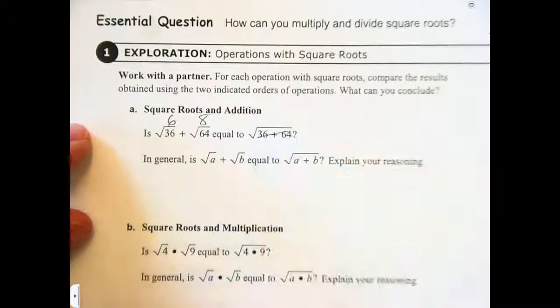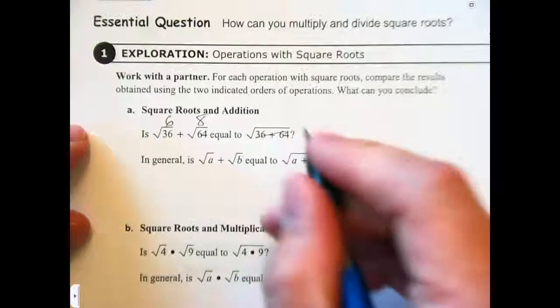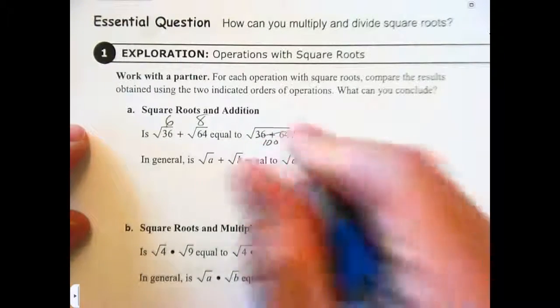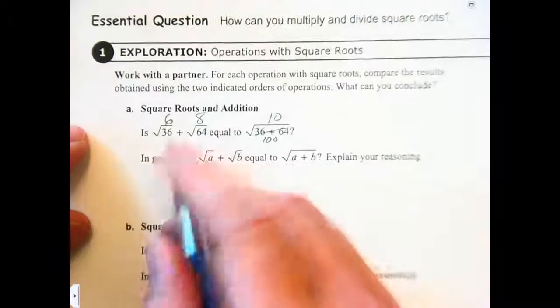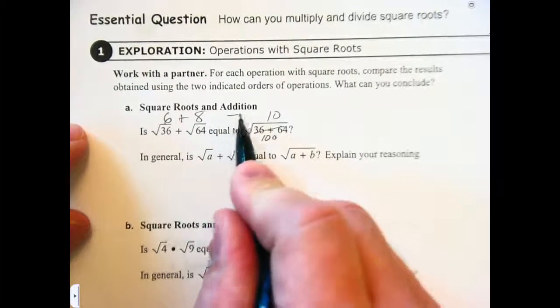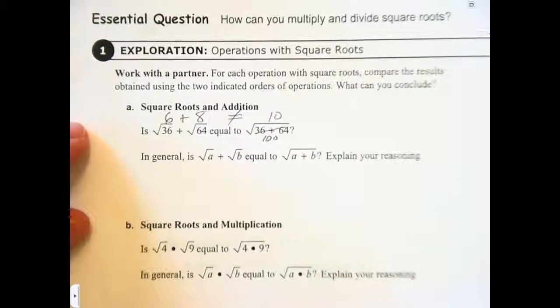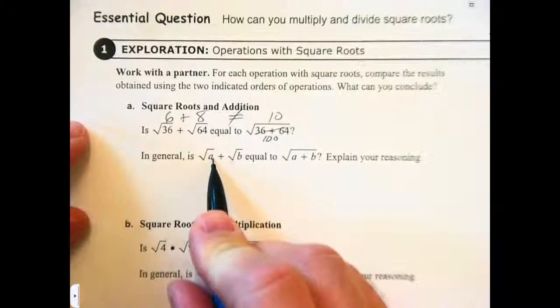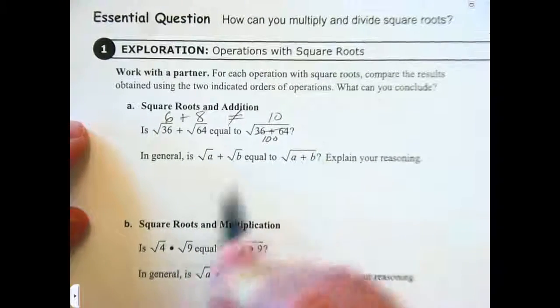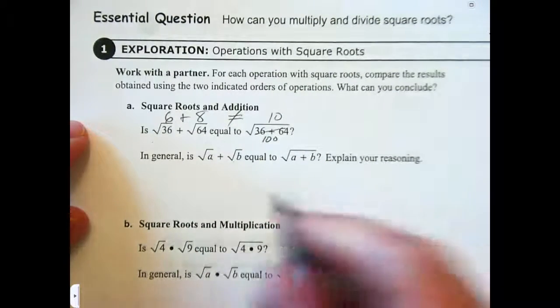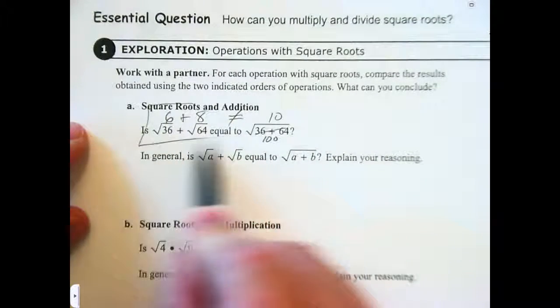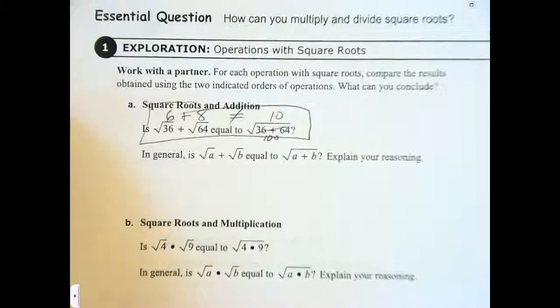What's 36 and 64? 100. What's the root of 100? 10. Is 6 plus 8 10? No. Okay. So in general, does root A plus root B equal root A plus B? No. Okay. Here is a counter example for that. No, it does not work out.